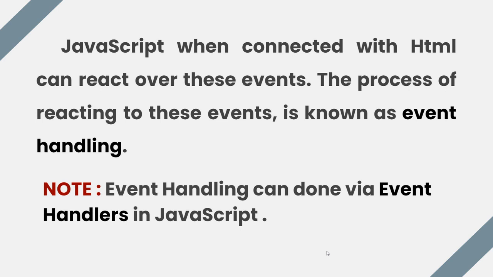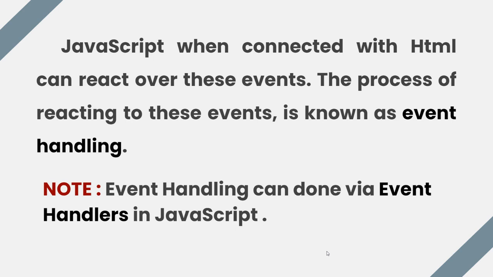And now the process of reacting to this event is known as event handling. So what this means is that JavaScript itself would react to these events by handling them. And so therefore, event handling here can be done through event handlers in JavaScript.